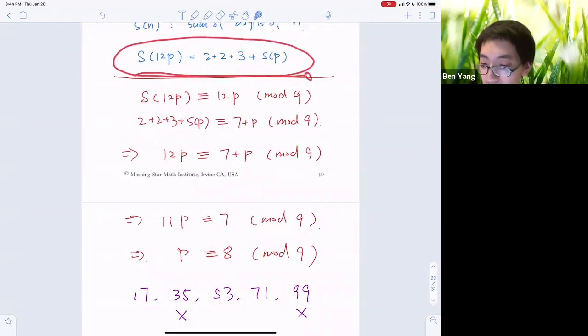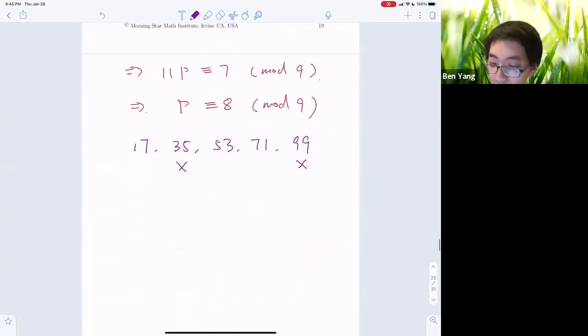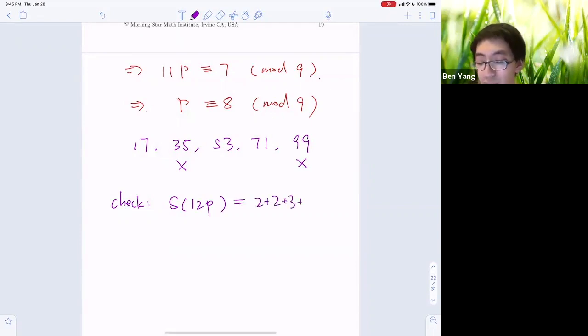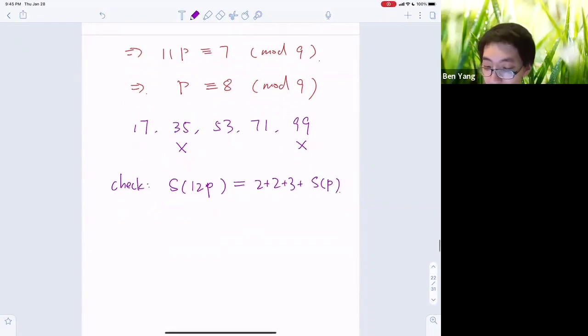Basically, we need to check whether the sum of digits of 12 times P is equal to 2 plus 2 plus 3 plus the sum of digits of P. So for 17, 12 times 17 is 204, and the sum of digits there is only 6.